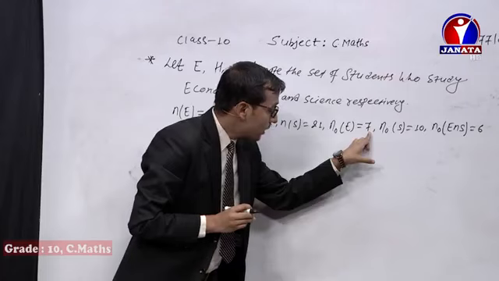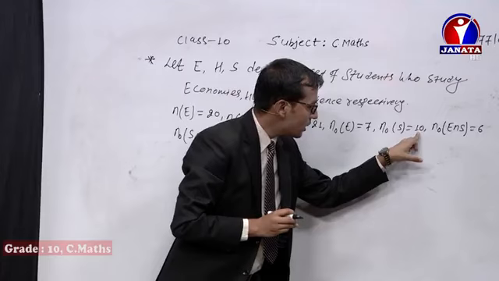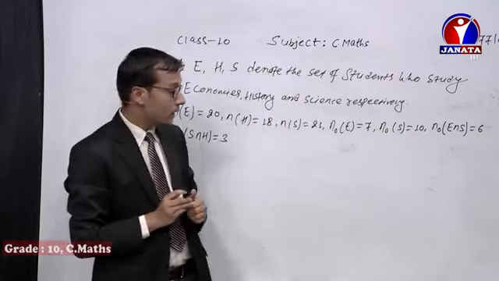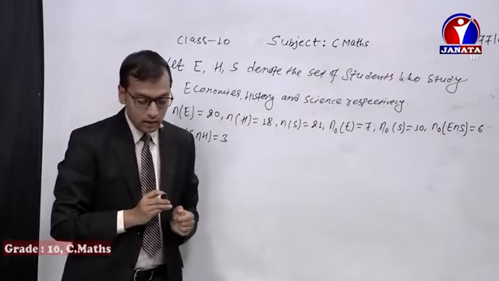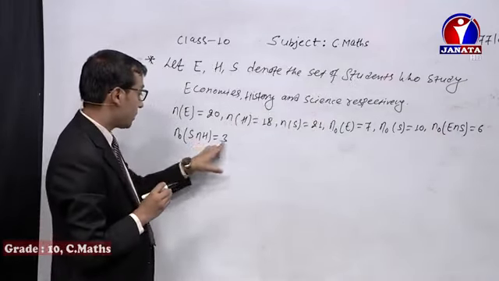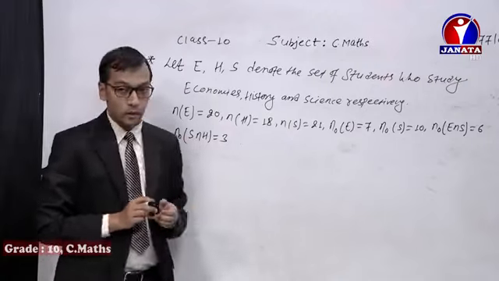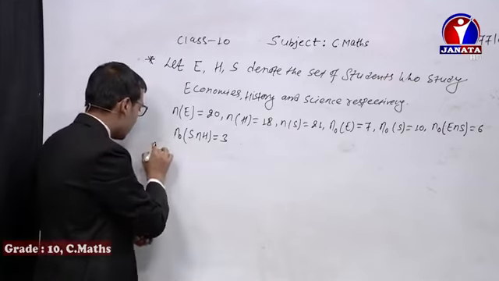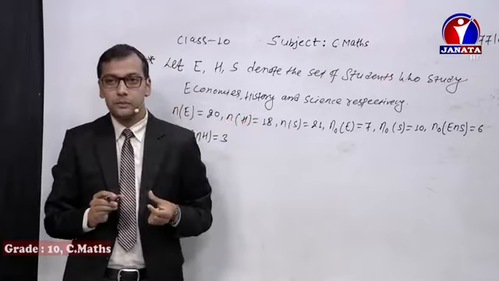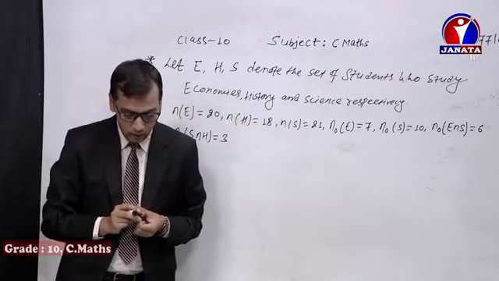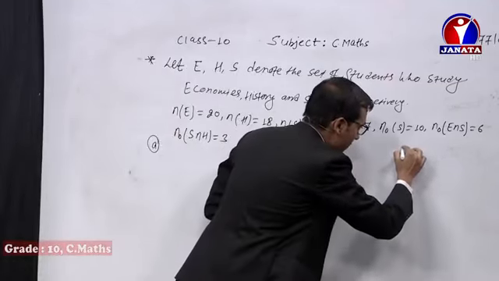Now 7 students study economics only, 10 students study science only, 6 students study economics and science only, 3 study science and history. So this is the information given to us. Here we are asked to show all this information in a diagram. So represent the above information in a diagram. We can draw the diagram. Let's draw the diagram at the side.